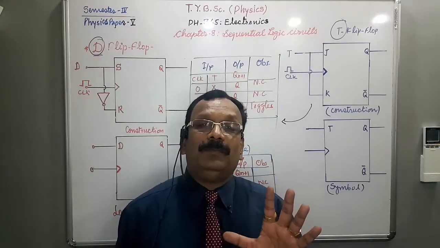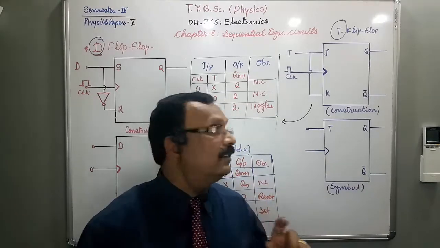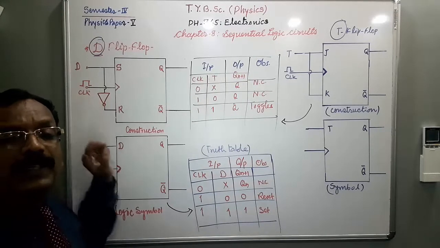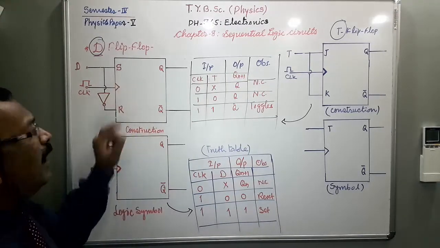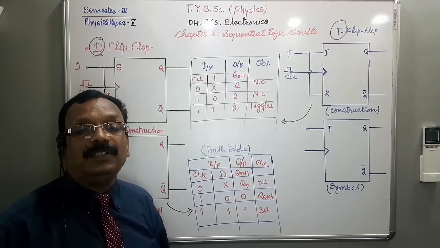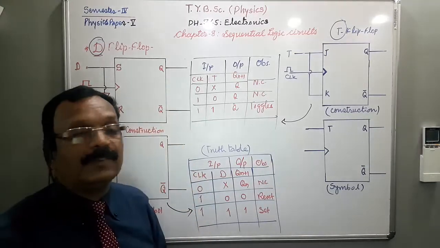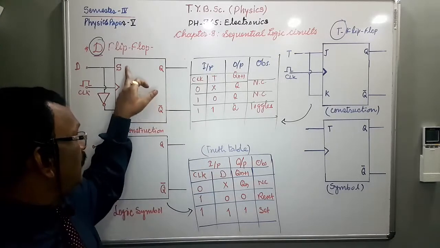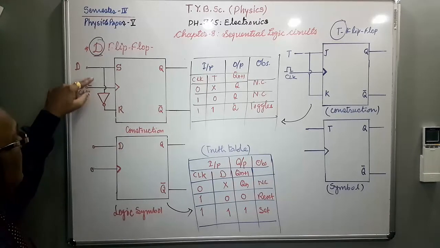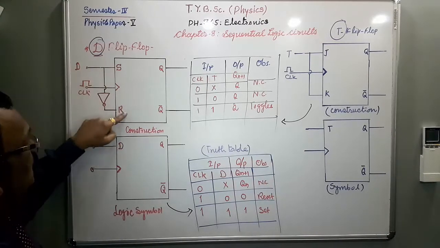Now, this problem can be solved by connecting an inverter between the S and R inputs, so that R is the complement of S. When S is equal to 1, the inverter inverts 1 into 0, so R is equal to 0.